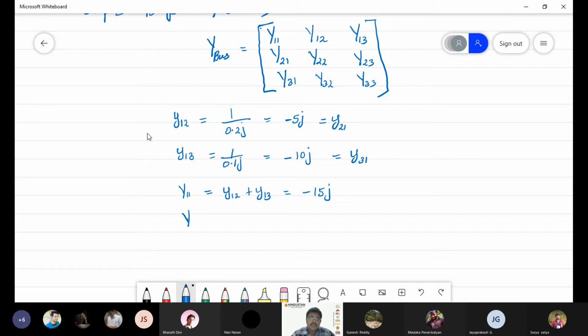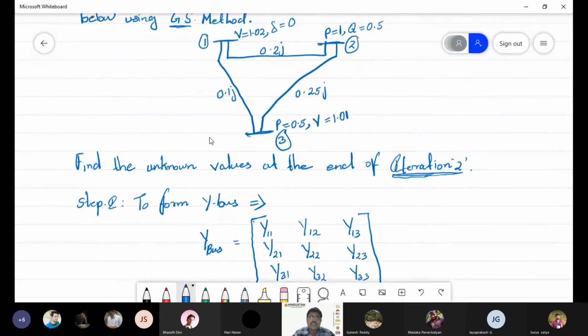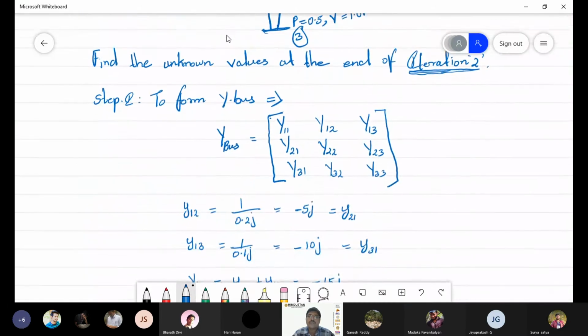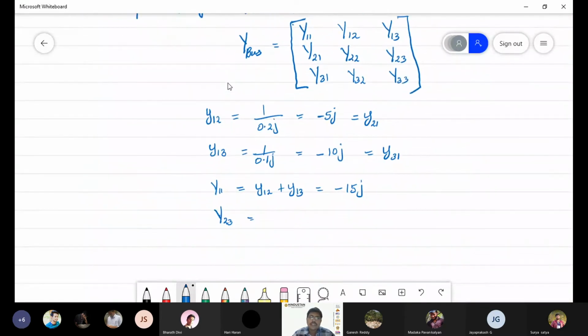Checking the network, between 2 and 3, yes, 0.25j is there. So y23 is 1 divided by 0.25j. 1 divided by 0.25 is 4, so that is minus 4j.